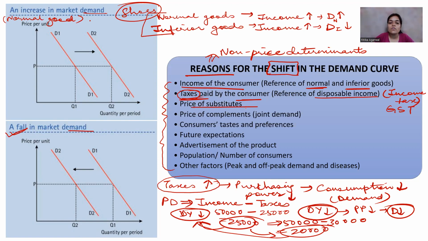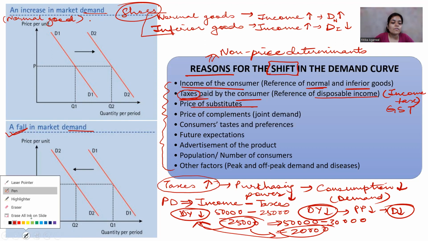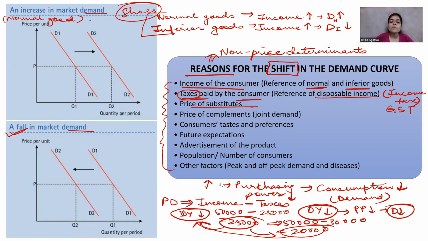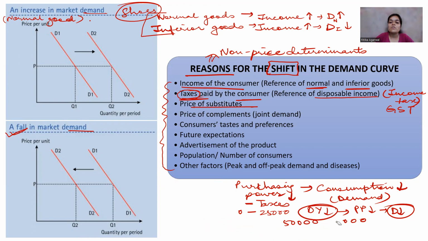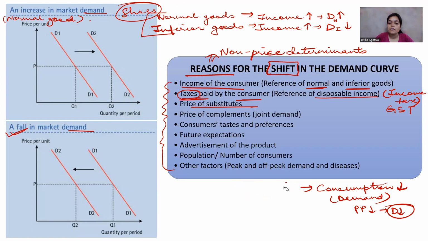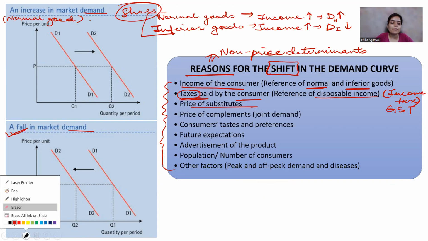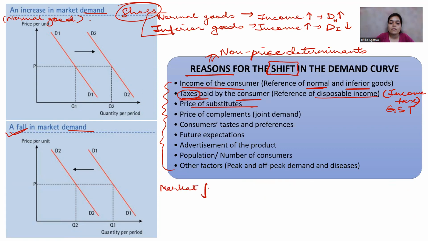Now the next is price of substitute goods. When we were talking about what are substitute goods, we talked about the main classic examples of substitute goods, that were tea and coffee. So if we consider the market for tea and coffee only, let's take a primary market to be the market for tea.